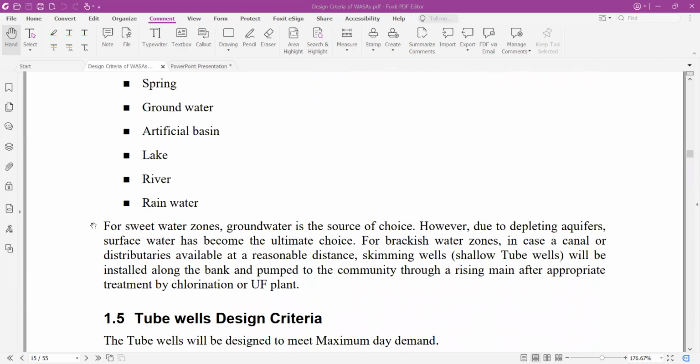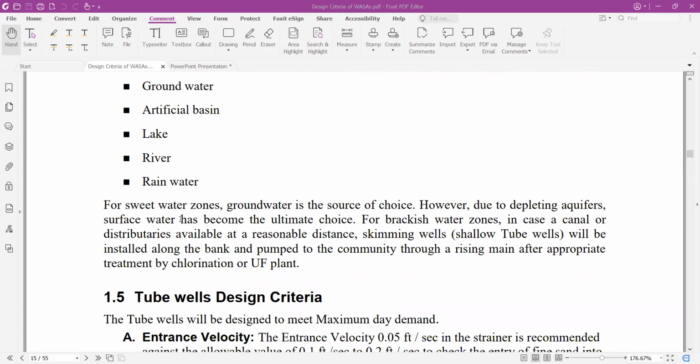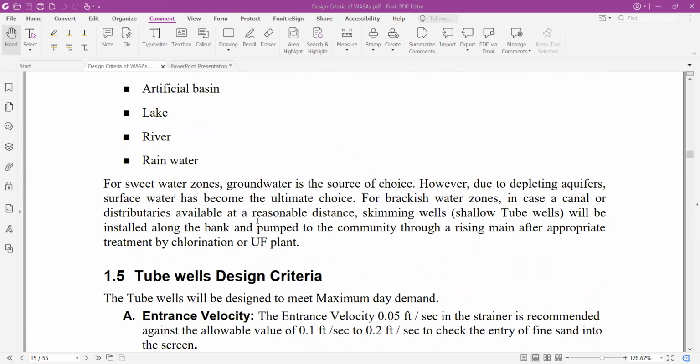So mostly, for example, if there are industries, factories, offices, and also a residential area, you can choose different types of sources: groundwater for drinking purposes, and streams or rivers, if available in the vicinity of that area, can also be used.